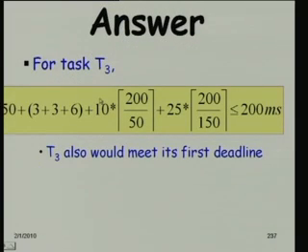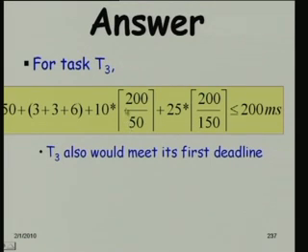For the task T3, we need to add its execution time, and then the self suspension time or the execution time, whichever is lower, for all higher priority tasks, and then the execution time for the higher priority tasks during this duration.